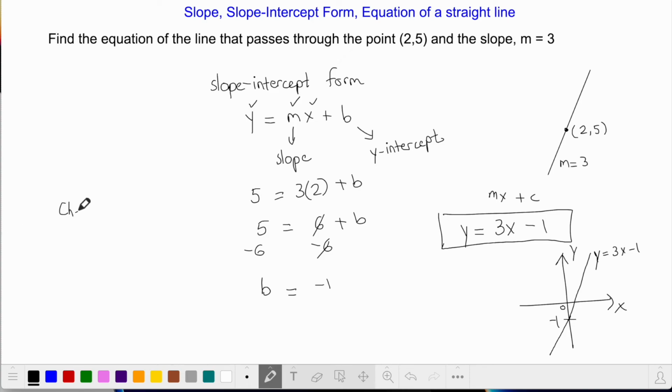So here we will check the answer. y = 3x - 1, and we know that x is 2, so 3 times 2 is 6, minus 1 is 5. So y is equal to 5, so we got (2, 5) by plugging into the equation that we got. So our answer for the equation is correct.